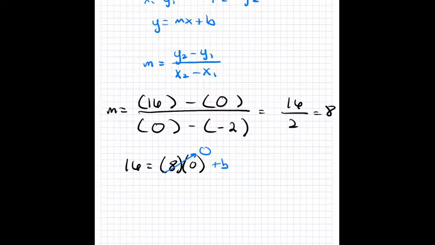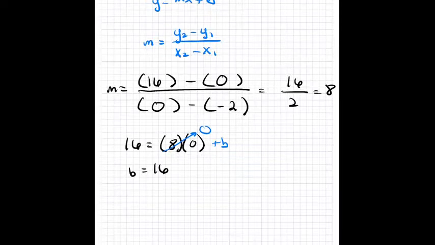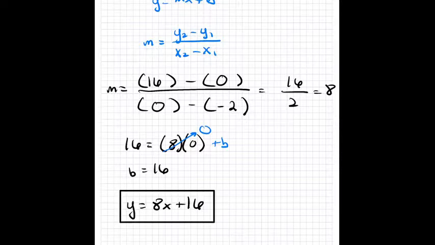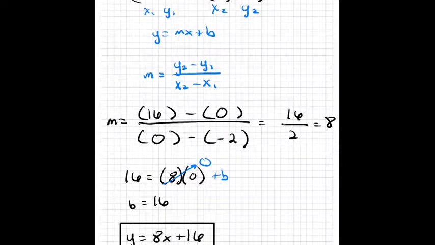So we know the slope and we know the y-intercept, so the equation of the line should be y equals 8x plus 16. Let's check: when x is -2, we get 0. When x is 0, we get 16.